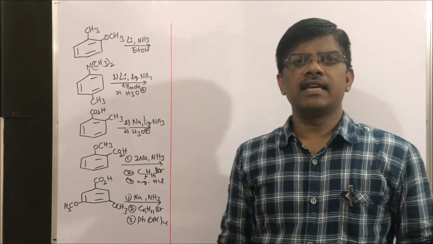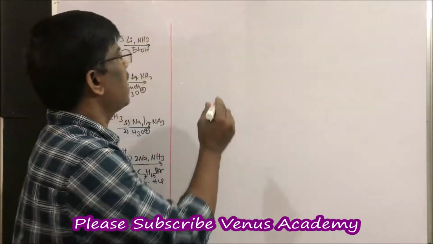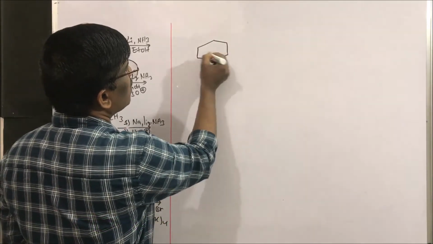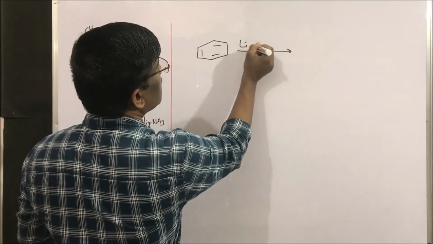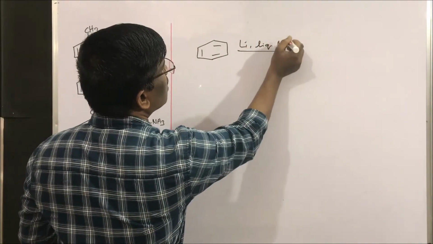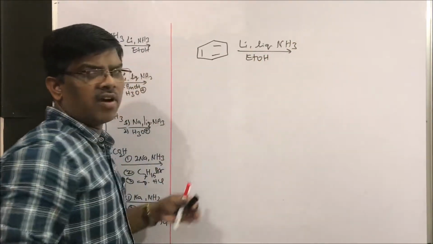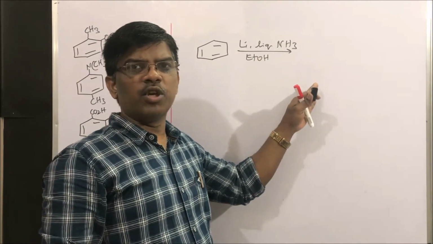Yes, students, let us see the Birch reduction of aromatic compounds. For example, if I take benzene and do the Birch reduction using lithium in liquid ammonia, using ethanol as solvent. Just now I said, ethanol, isopropyl alcohol or tertiary butanol can be used.